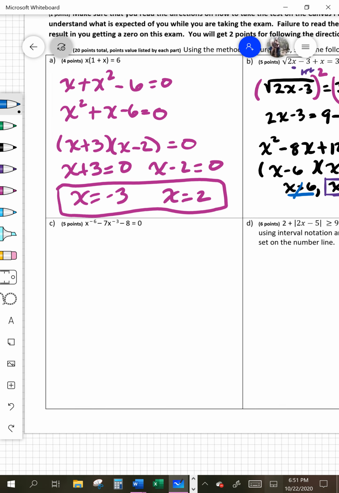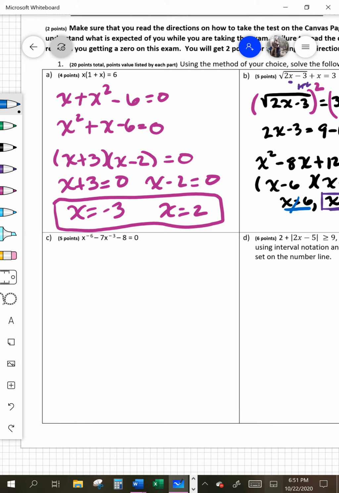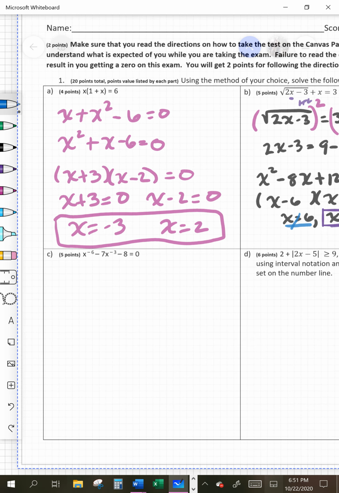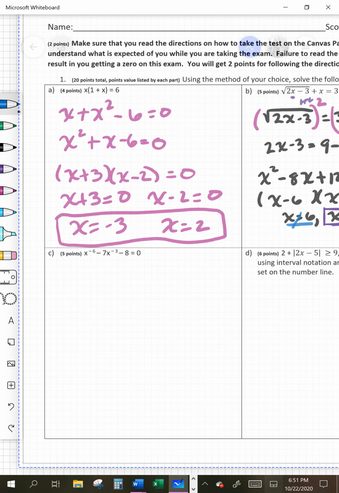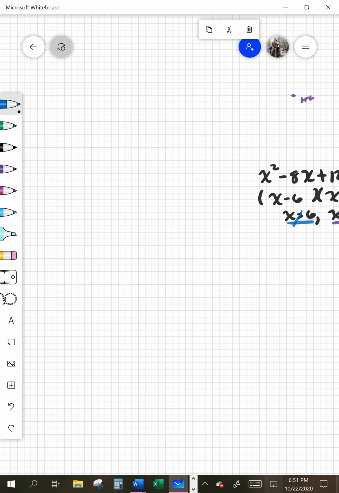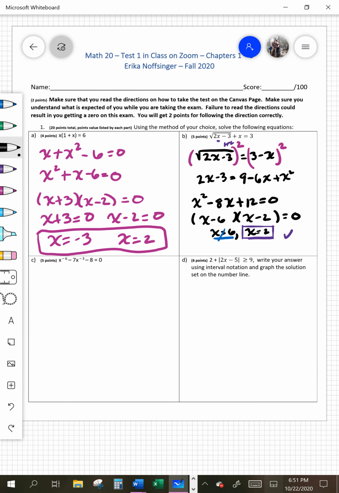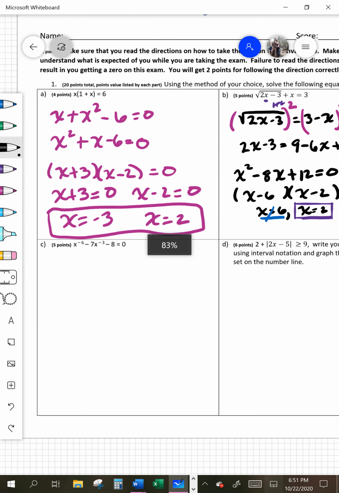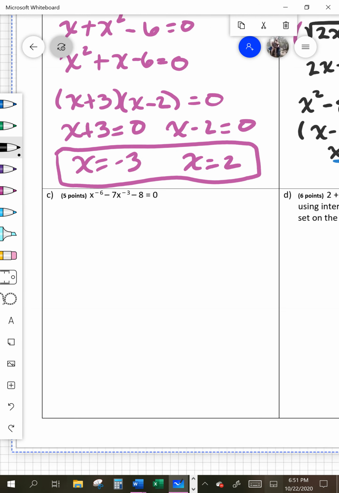So going to the next piece, we have x to the negative 6th power minus 7x to the negative 3rd power minus 8 equals 0. So looking at this, I notice that we can use a substitution to rewrite this so it looks like a quadratic equation.